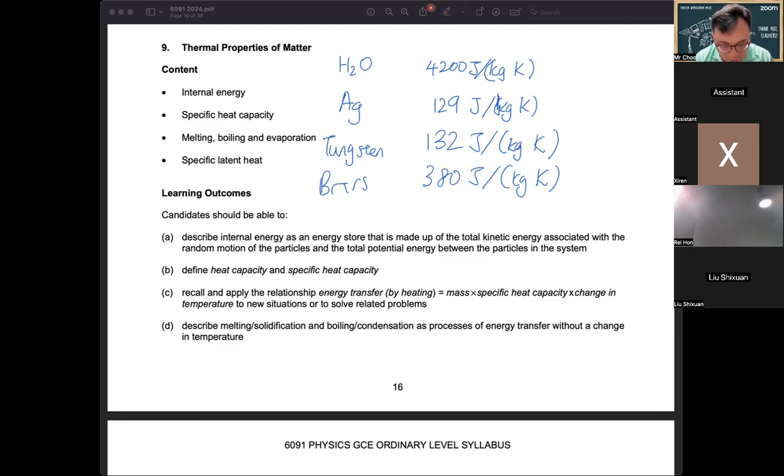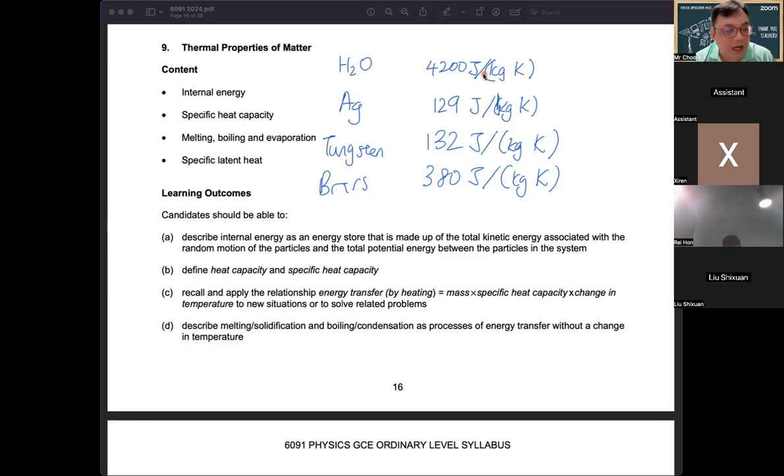So can you see, among many materials in this world, to raise the temperature of water, 4,200 for water, you require quite a bit of energy to raise it by one unit temperature. You see that? So can you imagine our water itself actually is a very good store of energy. Because when you give it 4,200 joule of energy, it only increased by 1 Kelvin.